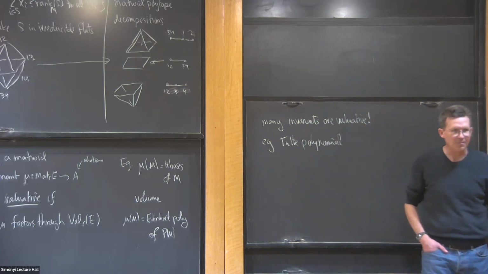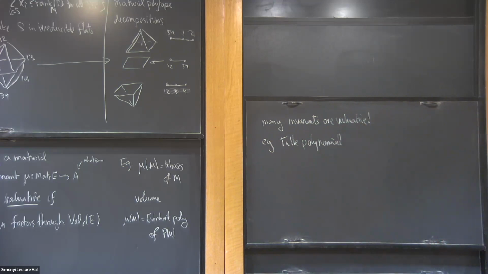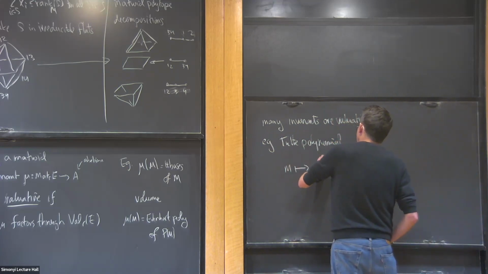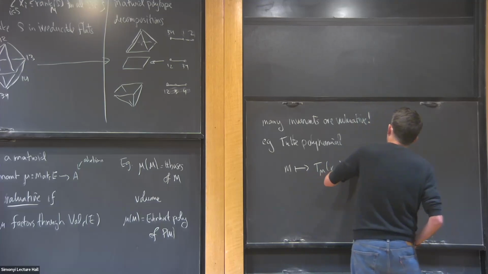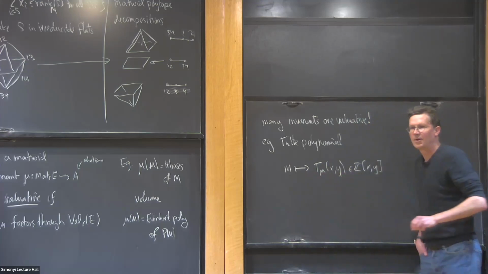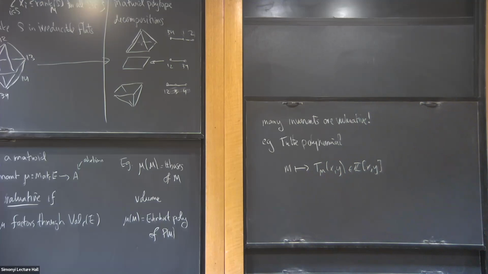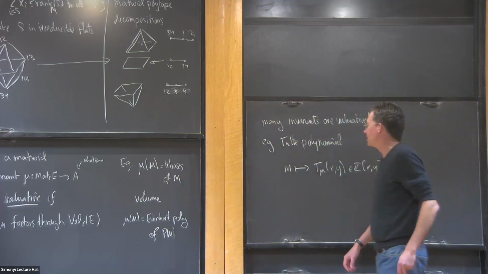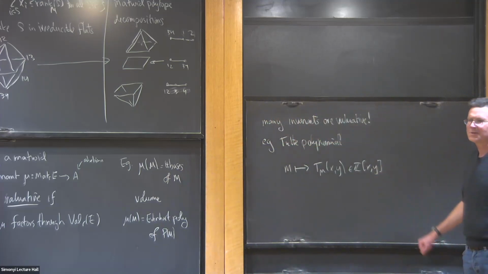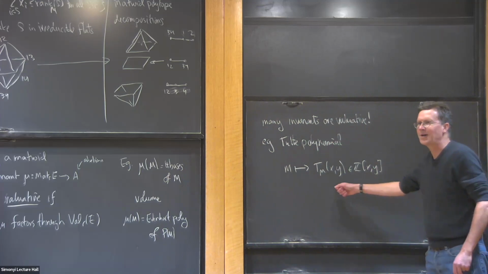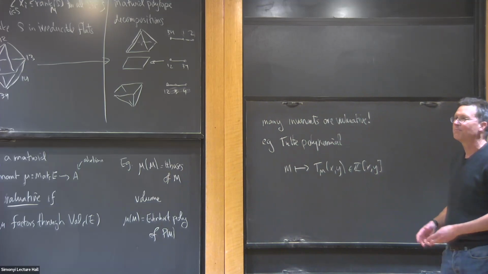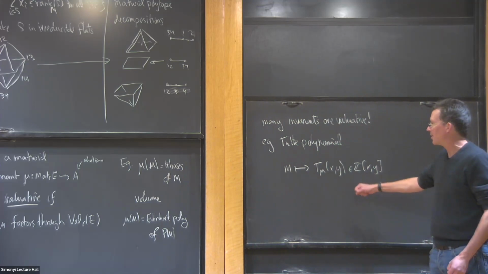I guess the one that I find the most surprising is the Tutte polynomial of a matroid. So I'm going to assume you guys have heard of this, but if I send M to the Tutte polynomial, which is some generating function for matroid basis activities, so some kind of refinement of this is still a valuative invariant, which is kind of shocking maybe because the way you define it in matroid school is usually by say deletion-contraction, which gives you some recurrence, which allows you to build this up.